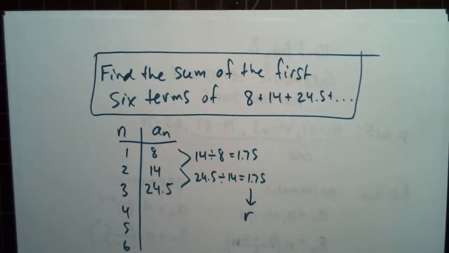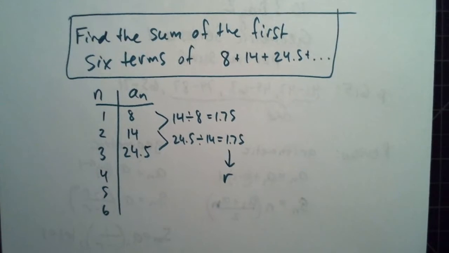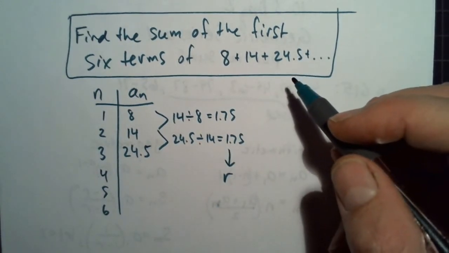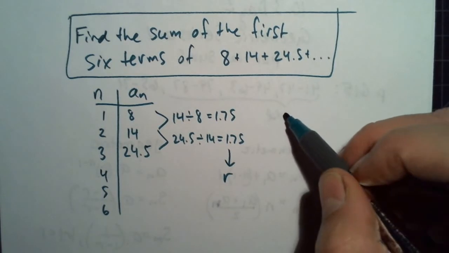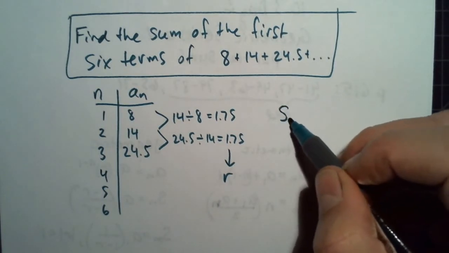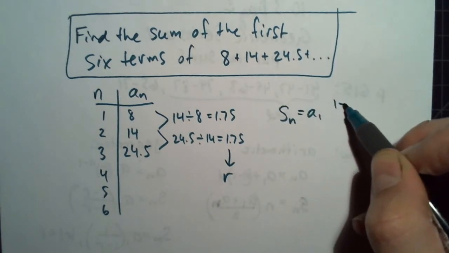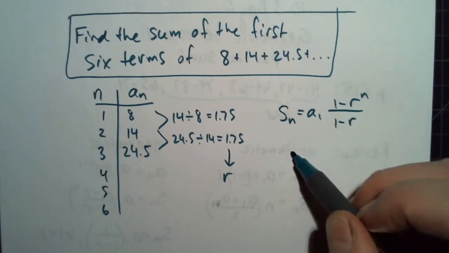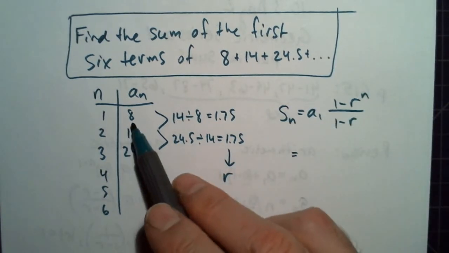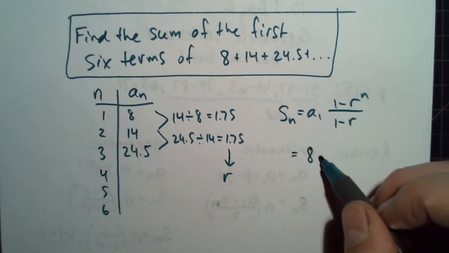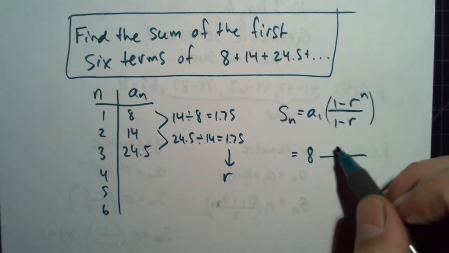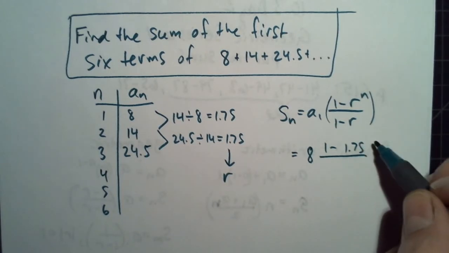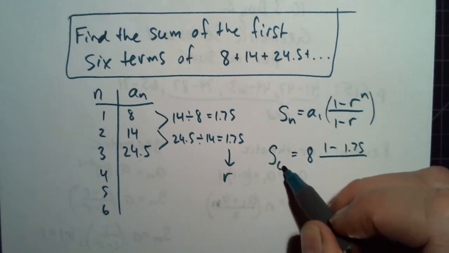But we can use a formula for that, and that is, we need the first term, which is 8, times 1 minus 1.75 to the 6th.